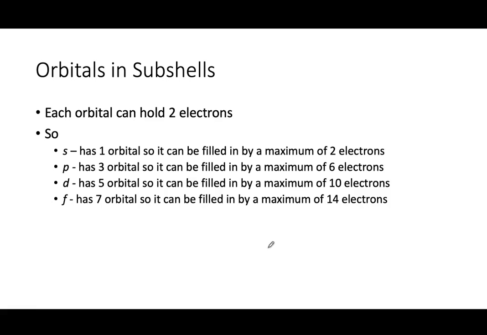If I apply orbitals and subshells to Bohr's model, I can redraw this to give you an idea of what we mean. S, P, D, and F will also carry on, or piggyback on, the energy depending on the subshells that you are in.